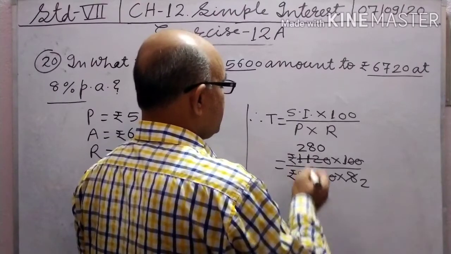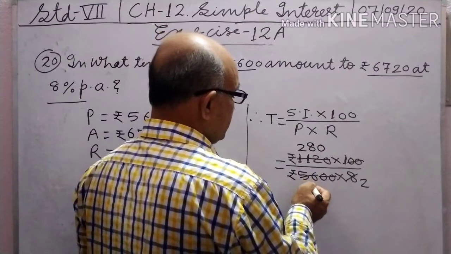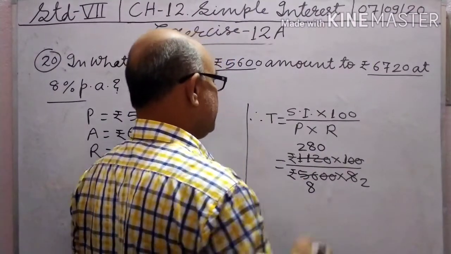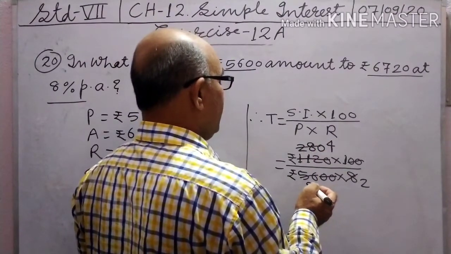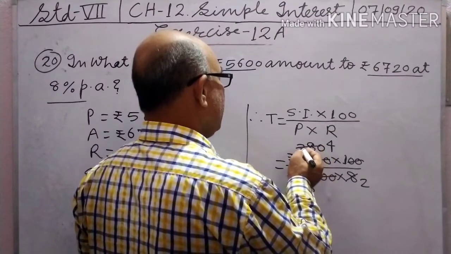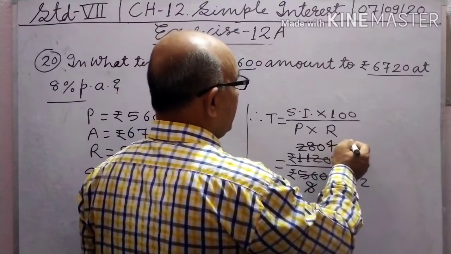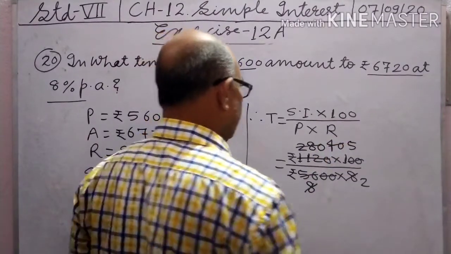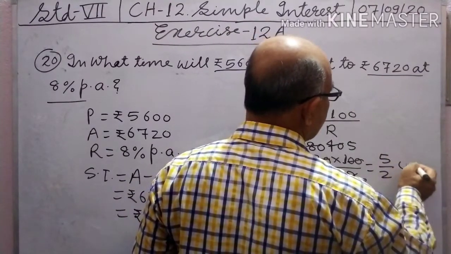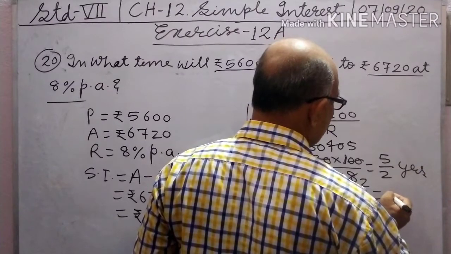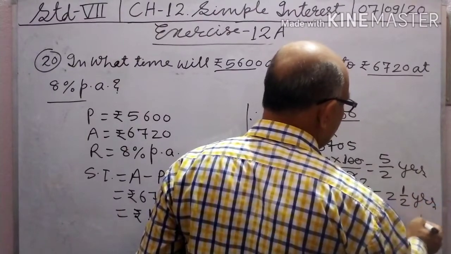Now 7 times. 7 eights are 56 and 7 fours are 28 and 0, 40. 8 fives are 40. Equal to 5 by 2 years. That means 2 and 1 by 2 years, answer.